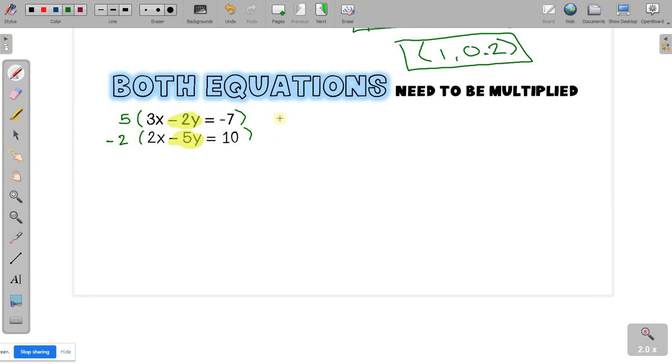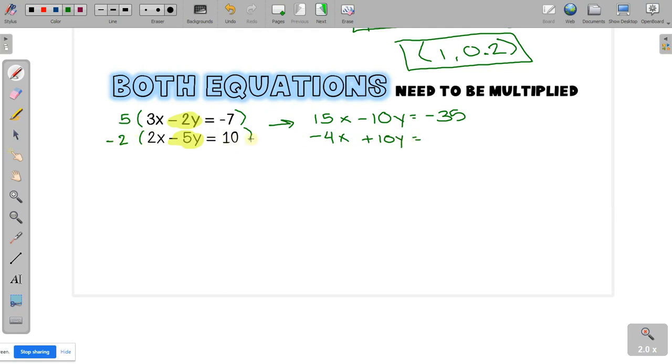Now let's rewrite our equations. Distribute: 5 times 3x is 15x. 5 times -2y is -10y. And 5 times -7 is -35. Let's simplify the bottom equation. -2 times 2x is -4x. -2 times -5y is a positive 10y.